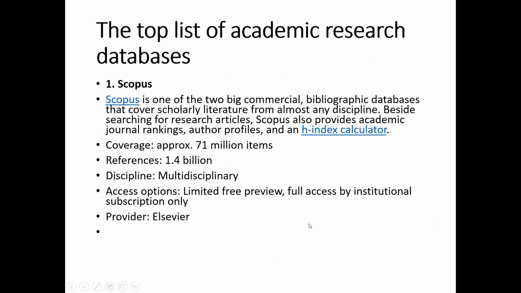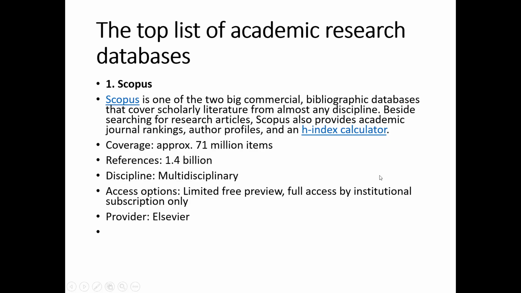Then we'll see what the credible sources, the databases, are. So one such is Scopus. Scopus is one of the two big commercial bibliographic databases that covers scholarly literature from almost any discipline. Besides searching for research articles, Scopus also provides academic journal ranking, author profiles, and an H-index calculator.